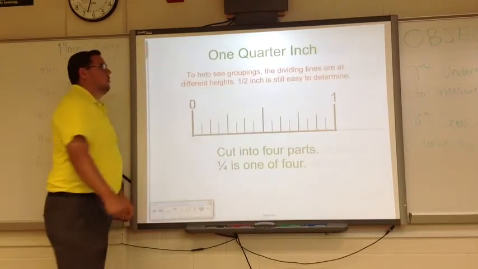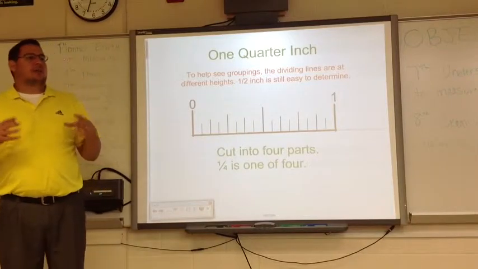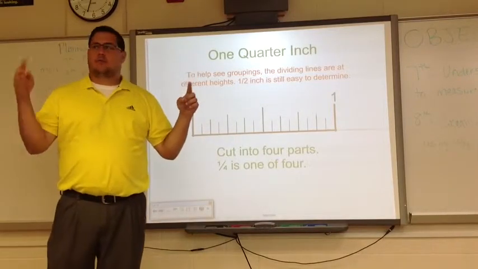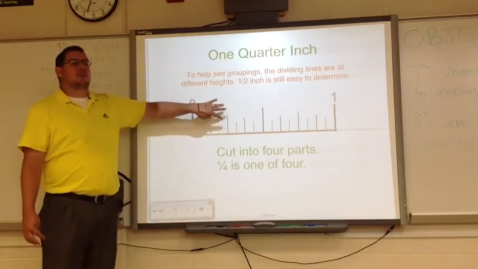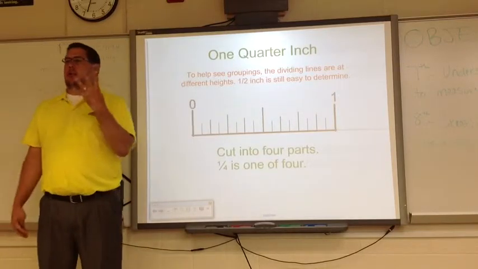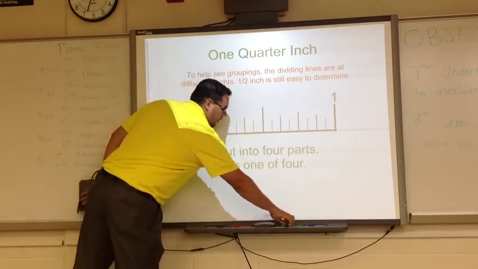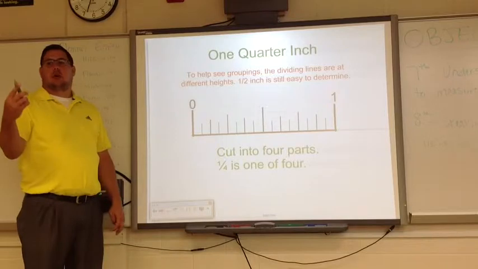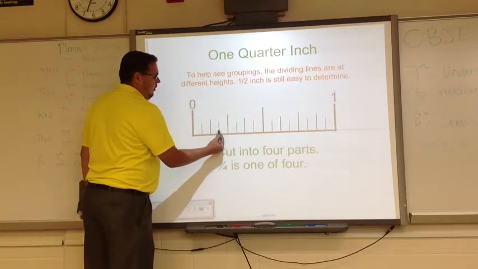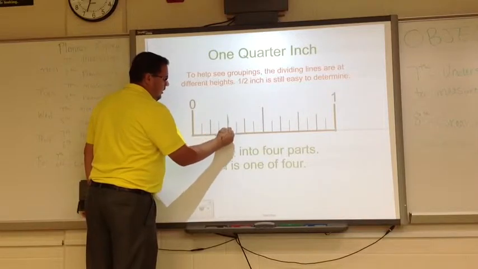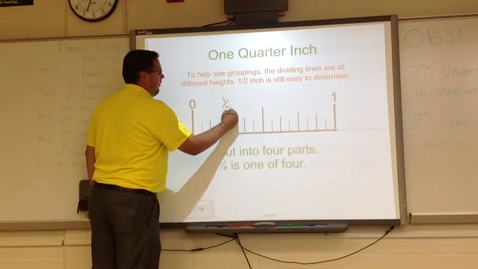After a half inch, we have a 1/4 inch. When we think about a quarter, how many quarters are in $1? 4. There are 4 quarters in $1, so we're going to divide up an inch into 4 equal parts. Every time we count to 4, that is going to be a quarter. On your notes, you'll count to 4: 1, 2, 3, 4. Highlight this, and that'd be 1/4.